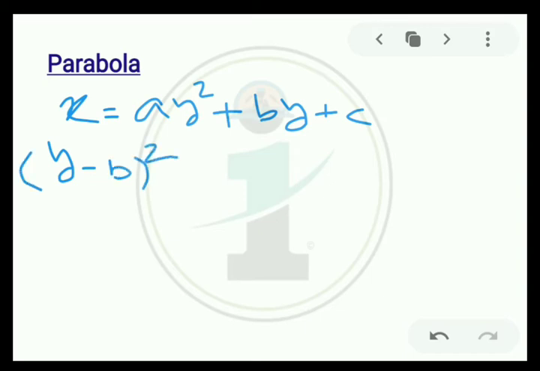Notice that I have done this in the previous expression also. This b and this b are not the same.